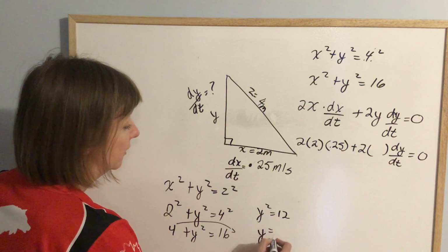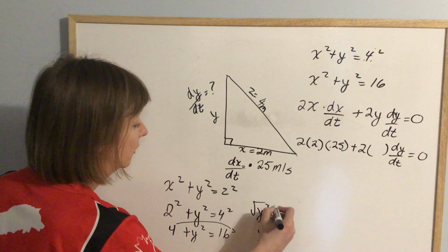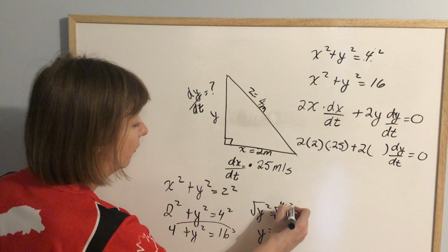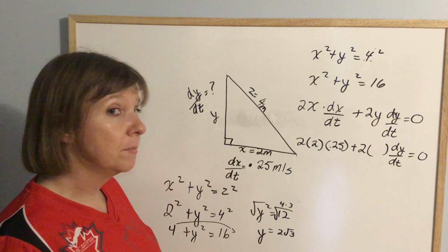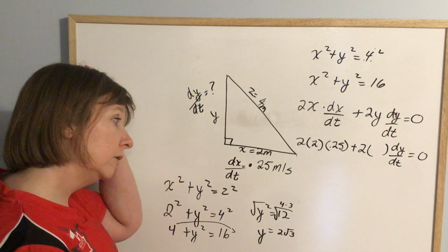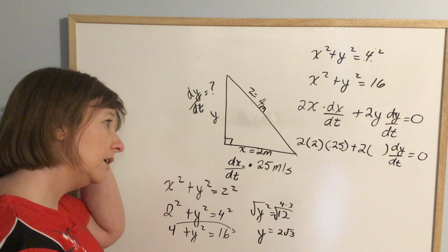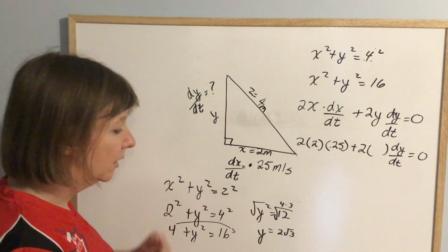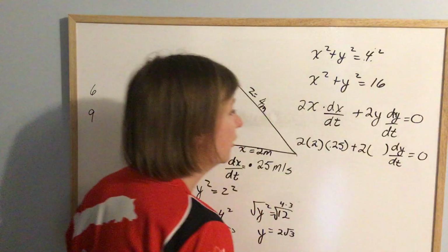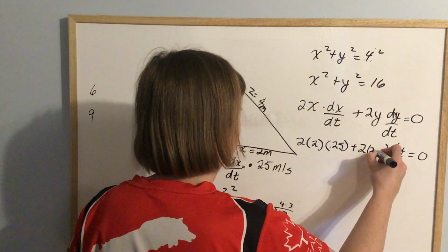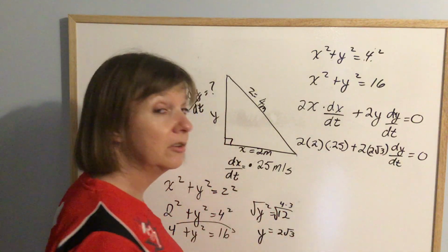And so y is equal to the square root of 12. Now 12 is 4 times 3, so that's 2 root 3. I don't imagine that they put it as a decimal. Maybe they do, but I doubt it. If you did it as a decimal, it wouldn't be the end of the world. I'm going to leave it here as 2 root 3. I may end up changing that in the end.